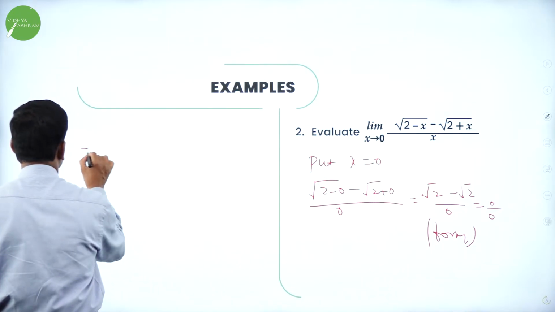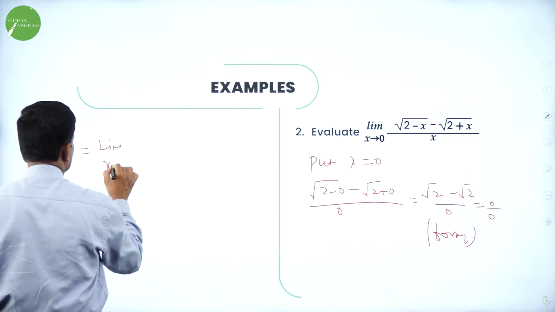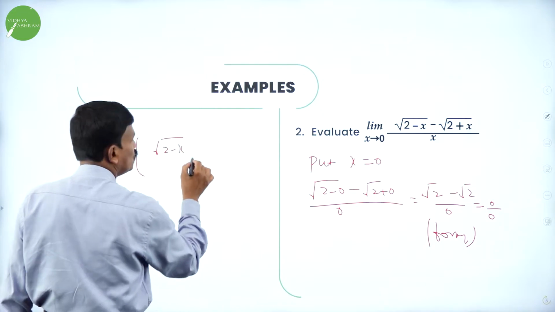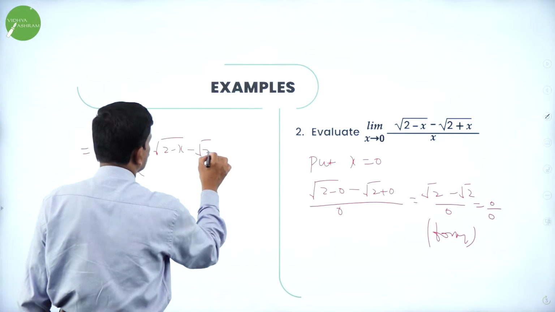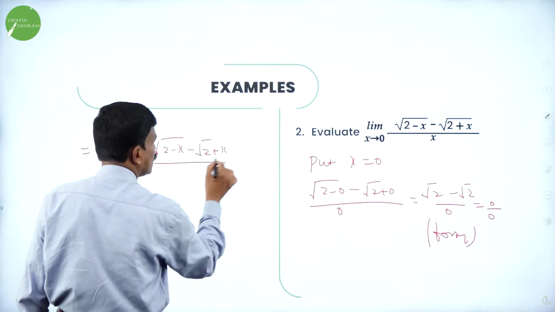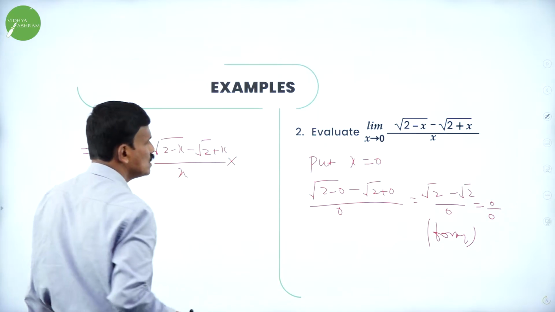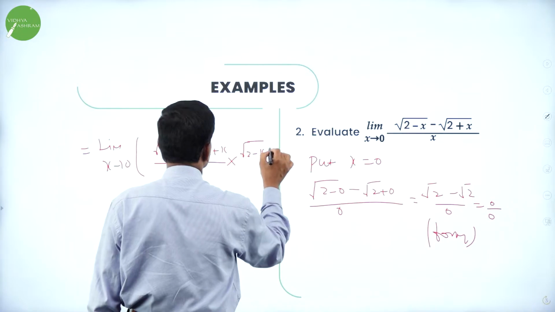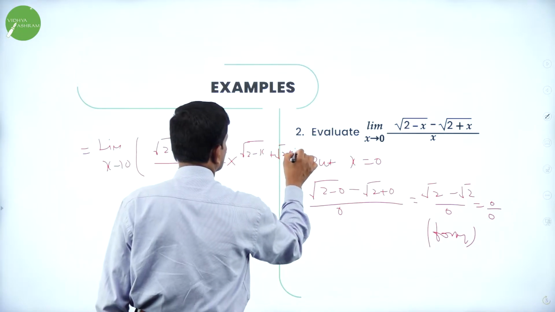So this can be written as limit x tends to 0 of root of 2 minus x minus root of 2 plus x divided by x. For this, just multiply and divide by root of 2 minus x plus root of 2 plus x.